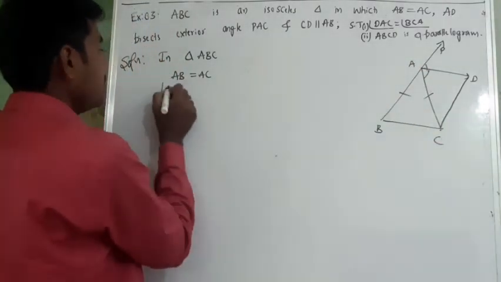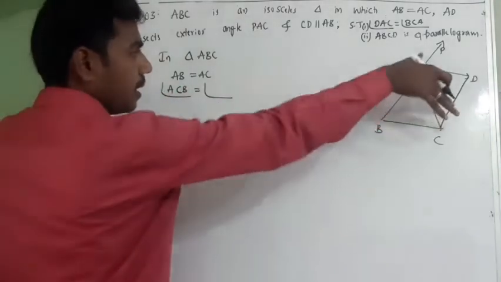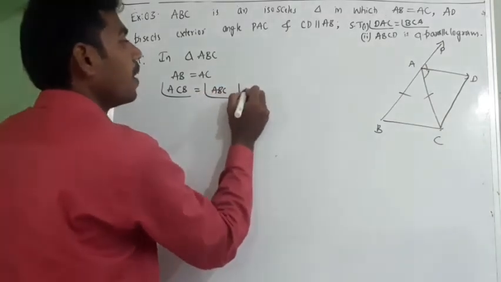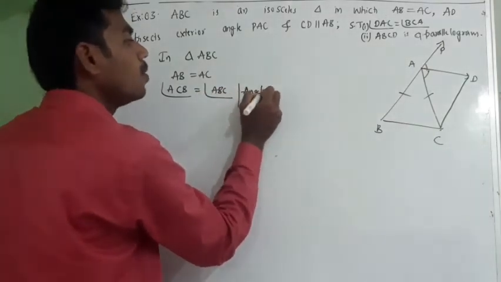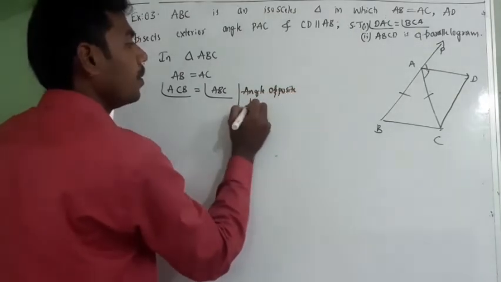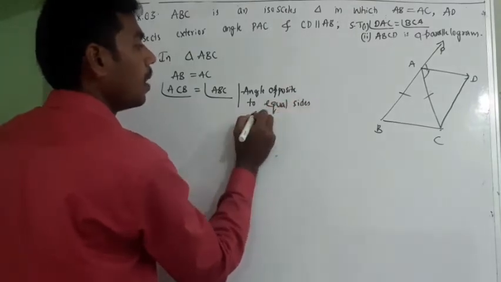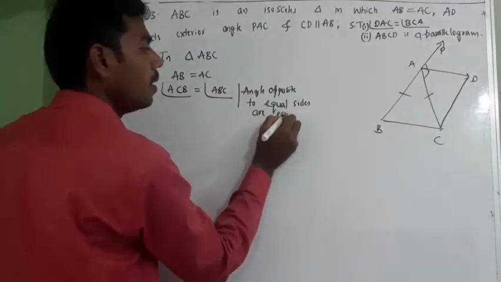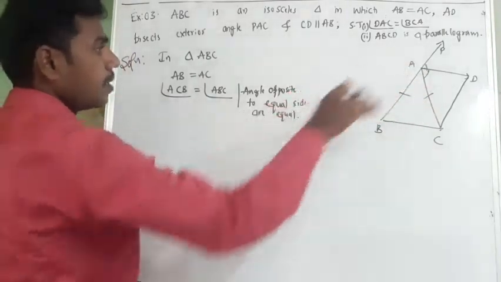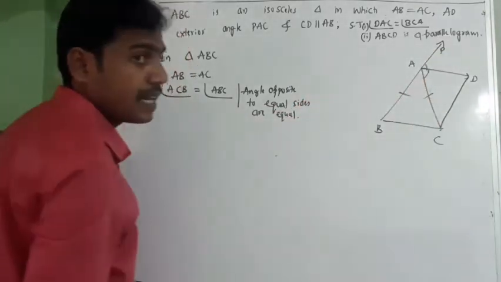Angle ACB is equal to angle ABC, because angles opposite to equal sides are equal. Next, ABC is equal to ACB.